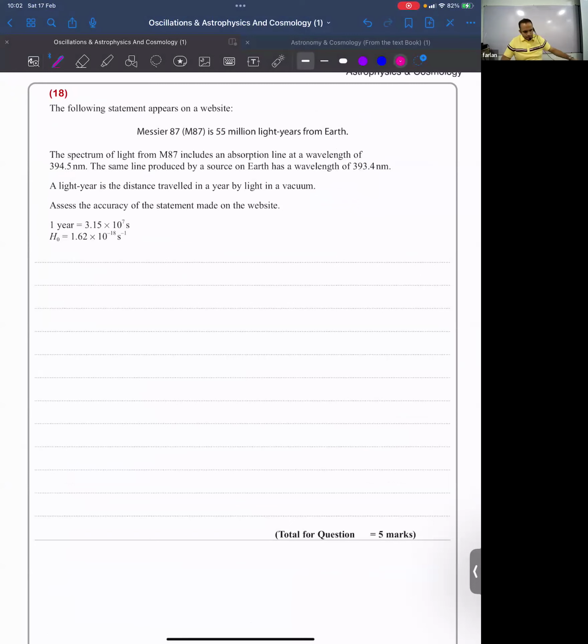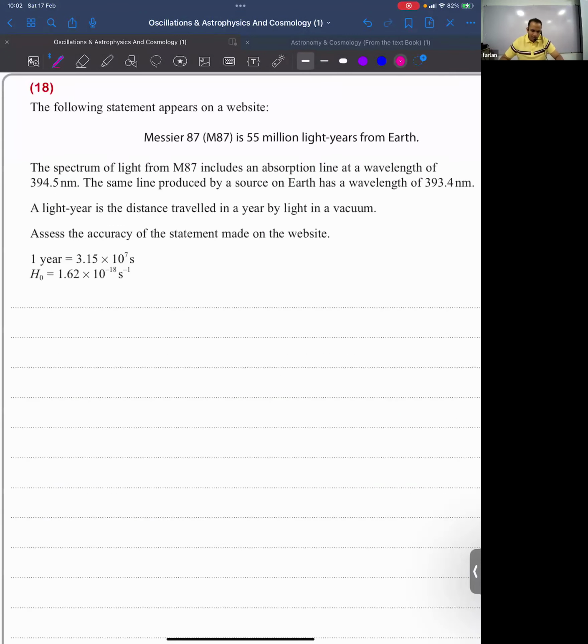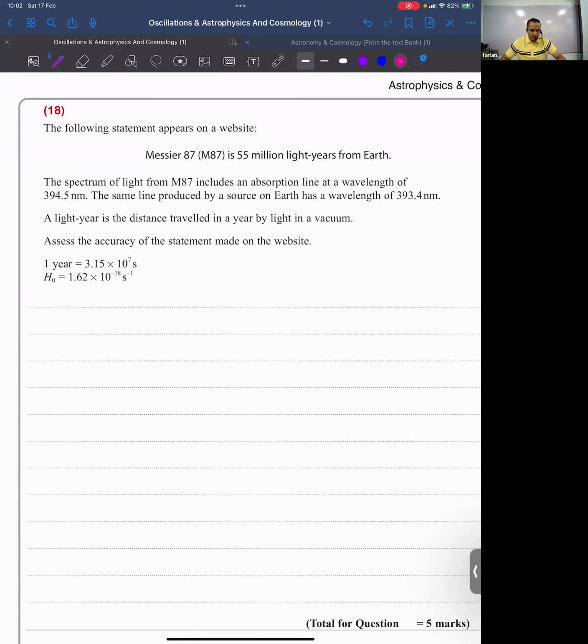Read the question carefully. The following statement appears on a website: Messier 87 is 55 million light years from Earth. The spectrum of light from M87 includes an absorption line at a wavelength of 394.95 nanometers.